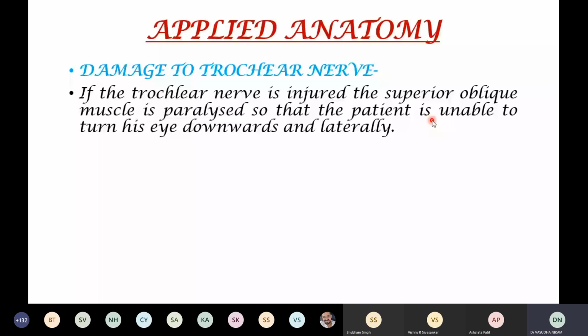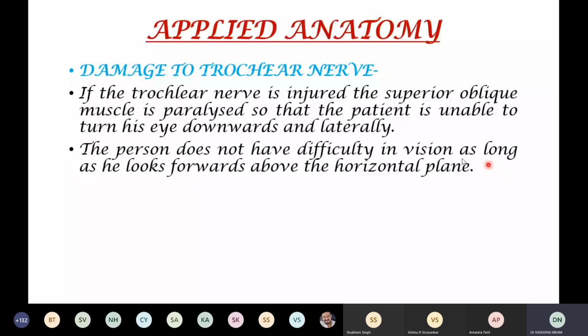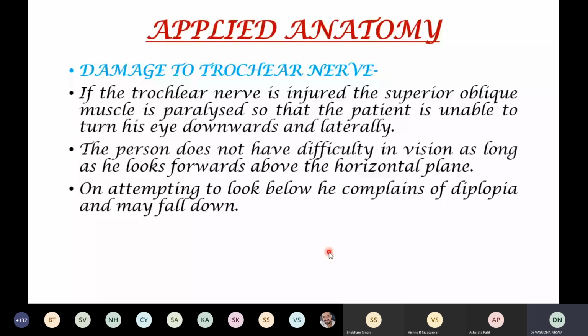Here, the superior oblique muscle is going to be paralyzed. So the patient is unable to turn his eye downwards and laterally. The person does not have difficulty in vision as long as he looks straight forwards above the horizontal plane. But when he attempts to look below, he will complain of diplopia because he is going to look downwards and the superior oblique is paralyzed.